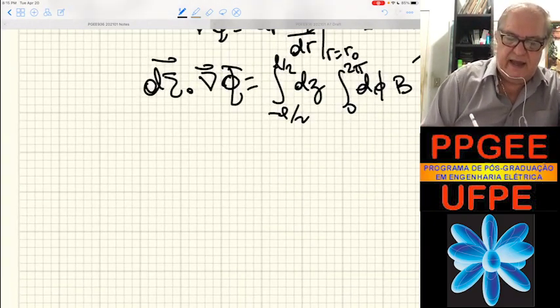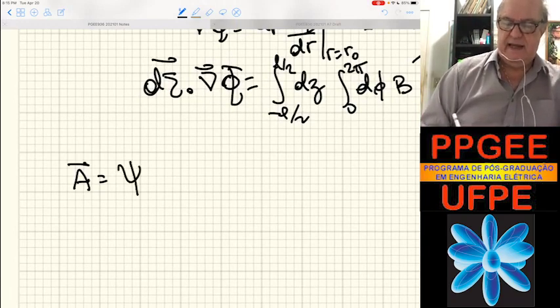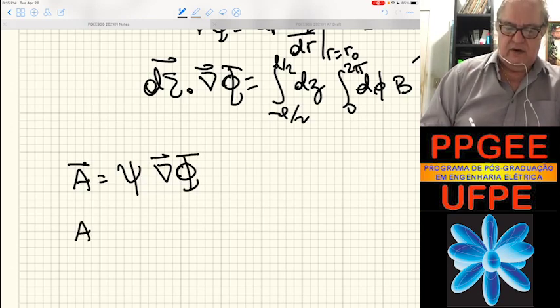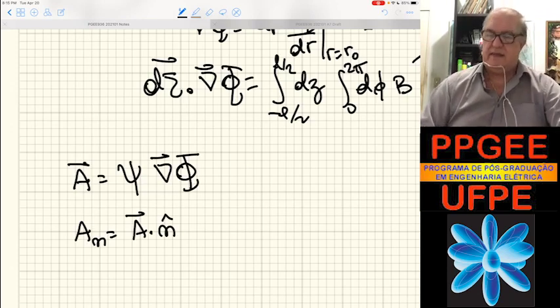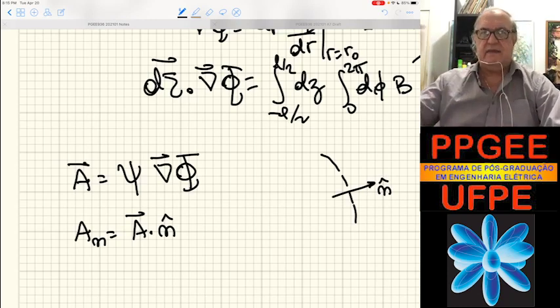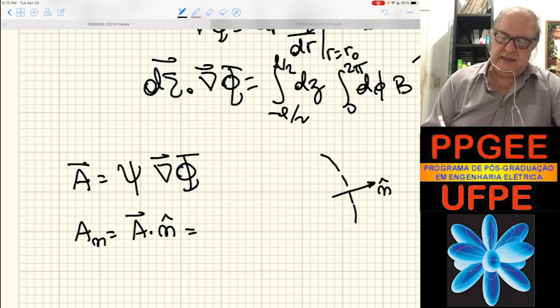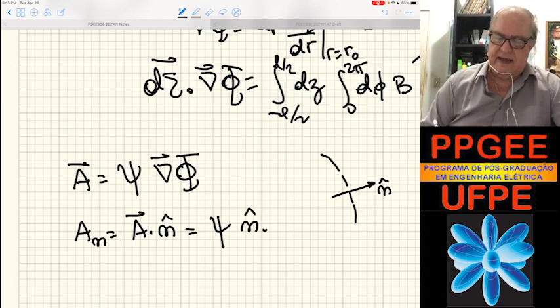You have A equals psi gradient of phi, and A normal is A dot the normal coordinate. That's the boundary, okay? That's the normal coordinate that goes outwards. So this is psi n dot nabla applied to phi.